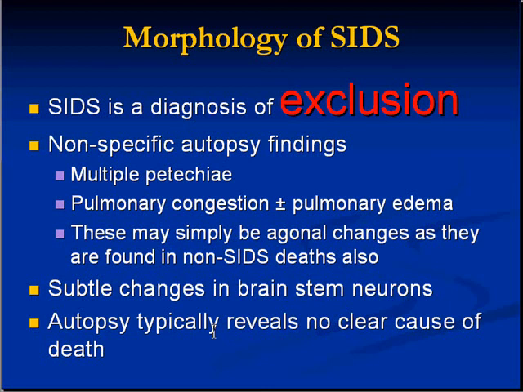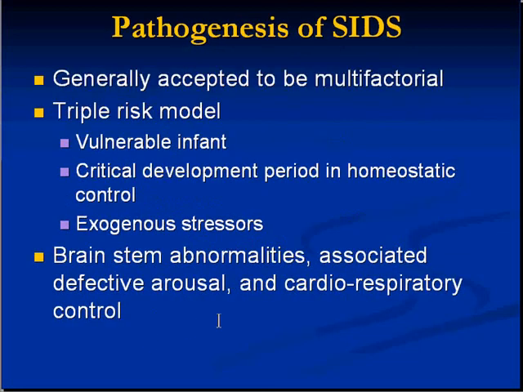But it may help to explain why classically we're talking about problems that may be in the cardiorespiratory control centers. And once again, if you want to have a possibility of diagnosing SIDS, you have to have a negative autopsy, not a positive one. The pathogenesis is generally regarded to be multifactorial and unfortunately not really very anatomical.